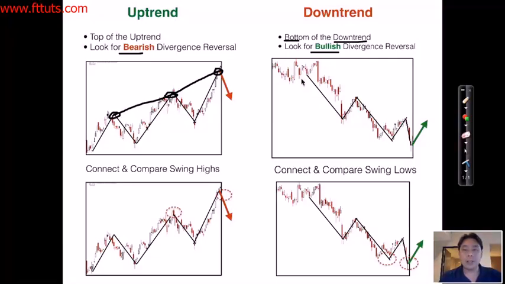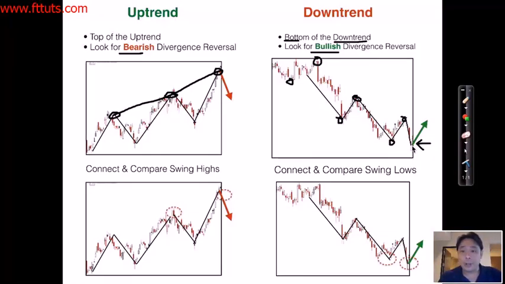Okay, so in this case, you can see on the chart, it's a downtrend. Why? Because it's clearly making lower lows and lower highs. And at this exact point of time where I'm pointing, it is the low of the downtrend. So at the low of the downtrend, I'm looking for a bullish divergence.